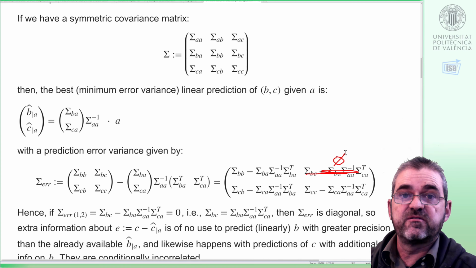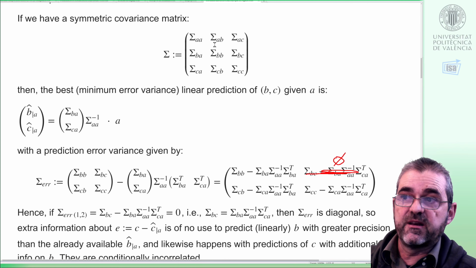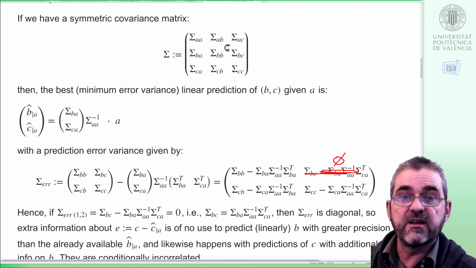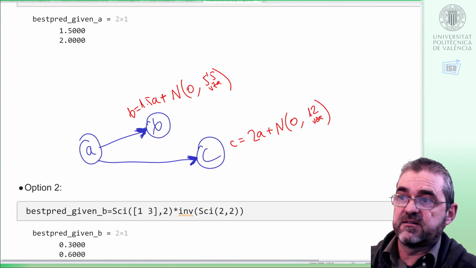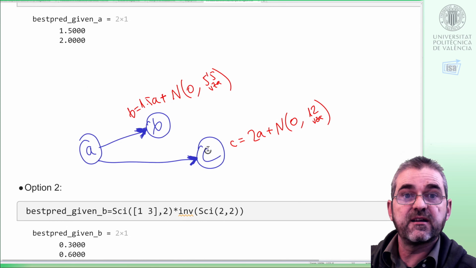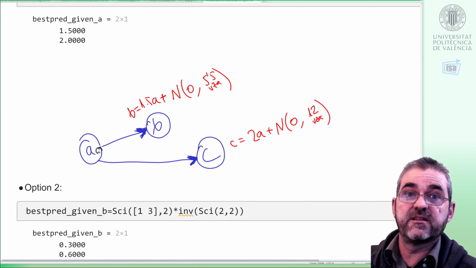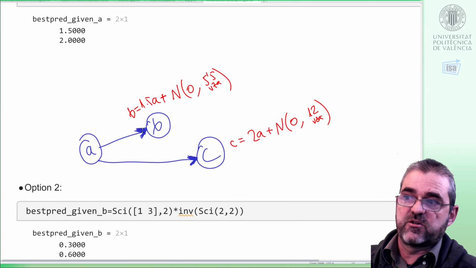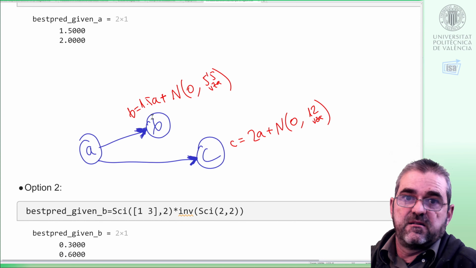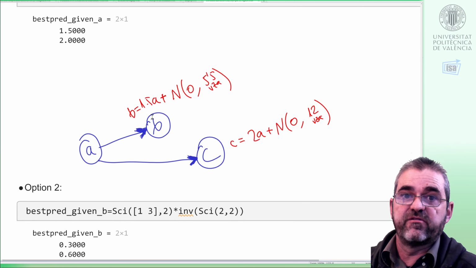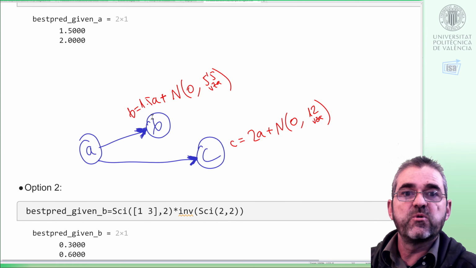In the case of conditional uncorrelation, we were able to explain the whole relationship between a, b, and c, when I had a single input variable, in a sort of two independent sub-explanations, two independent arrows, conditionally independent given a. And we have this option, or also we could reverse the arrows and get different representations of the same probabilistic model relating a, b, and c. So this is it.